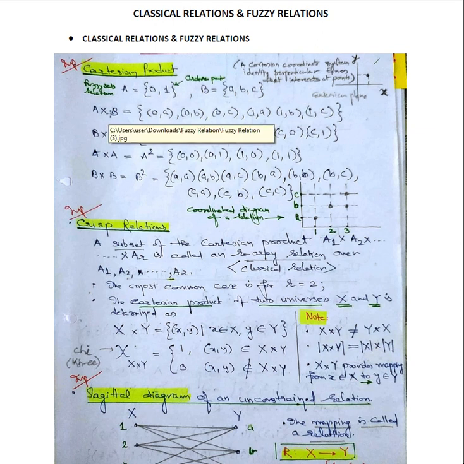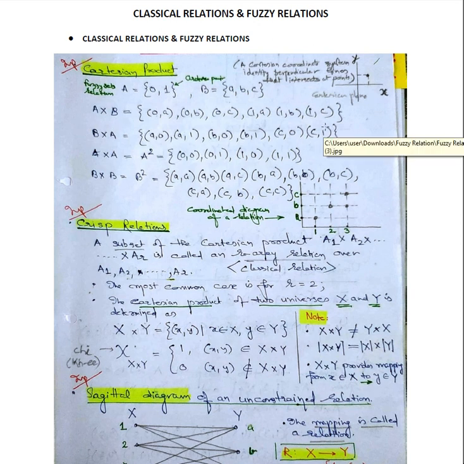When we take A cross B, it is a relation of each element mapping to the elements of the other set. So 0 to a, 0 to b, 0 to c. Similarly 1 to a, 1 to b, 1 to c. That's how we represent it here.